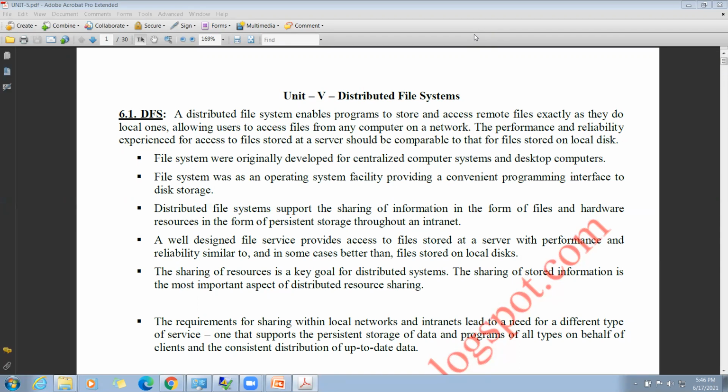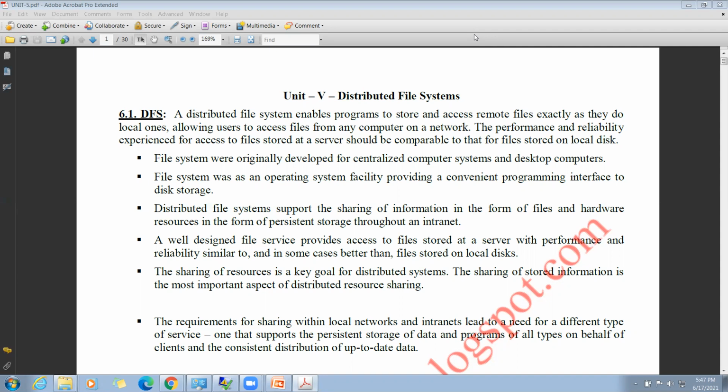We know about the file system that we have learned in the Unix operating system and in a normal operating system. Coming to the distributed file system, these distributed computers are located at different places and are networked. That means those systems are connected. How are these systems using the file system?